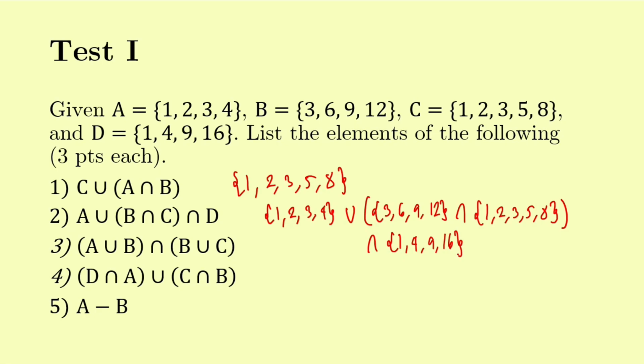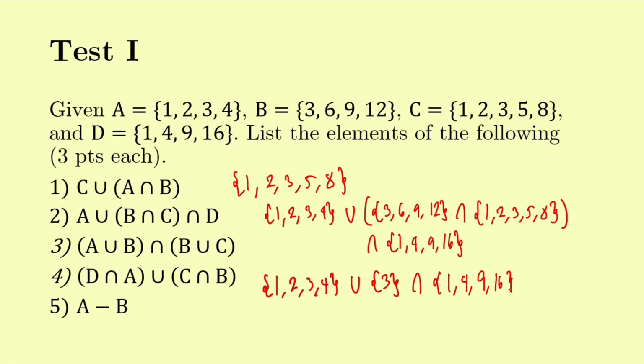Okay. Now, obviously, yung unahin natin is yung nasa loob ng parenthesis. So, 1, 2, 3, 4. Copy that. Union with the intersection of these 2 sets. So, meron tayong common na 3. And I think that's the only common here. Intersection 1, 4, 9, 16.